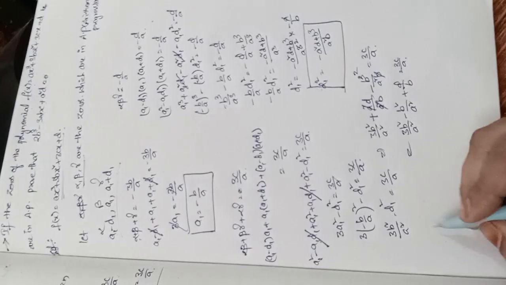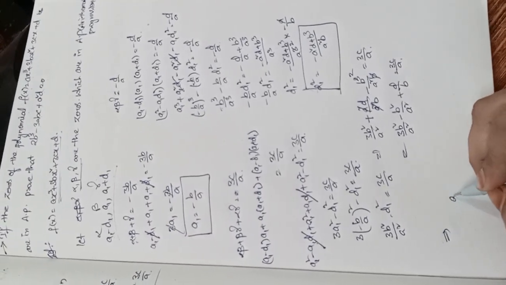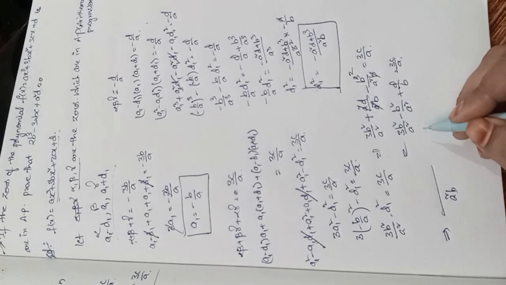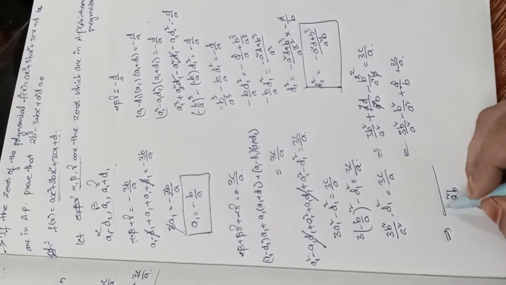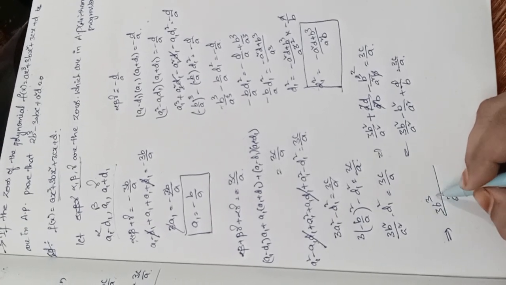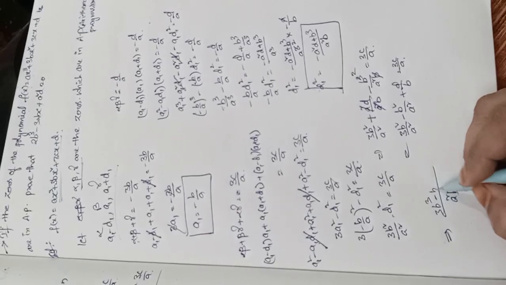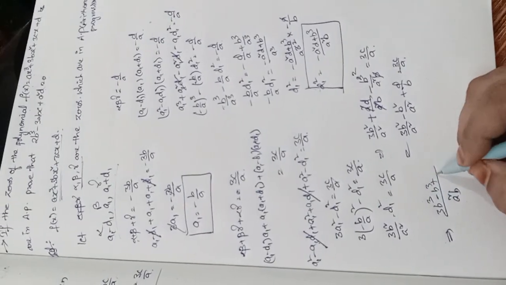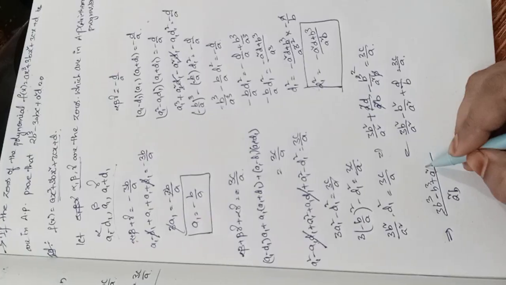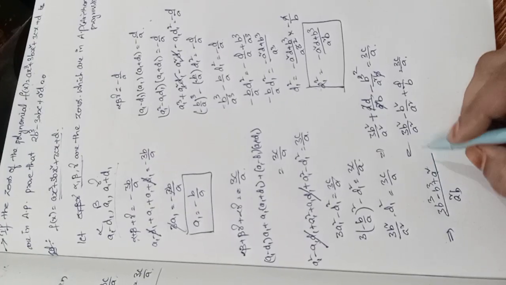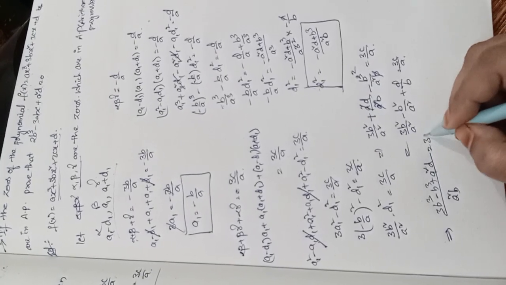Which implies, taking a square b as LCM, here what you will have: 3b cube minus b cube plus a square d equals 3c by a.